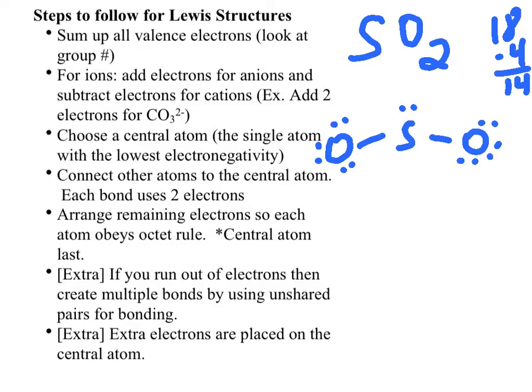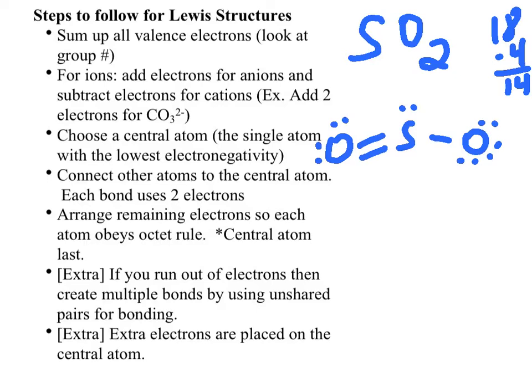But when we take a look at sulfur, sulfur is only surrounded by 6 valence electrons. So we're going to have to do some sharing. I'm going to take off the electrons from underneath the left oxygen, and we're going to turn that into a double bond.